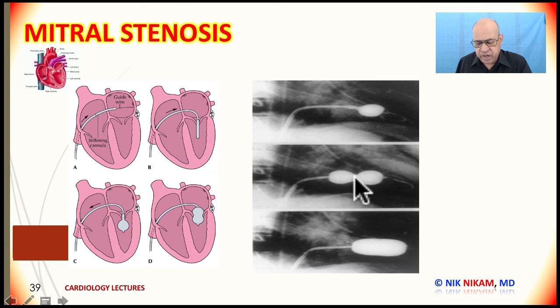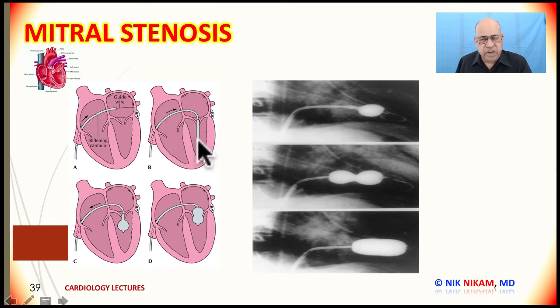As you can see, the dumbbell shaped balloon opens up some of the commissures and the chordae, and you can see there is widening of the mitral orifice, which can give a dramatic improvement in symptoms from this procedure.